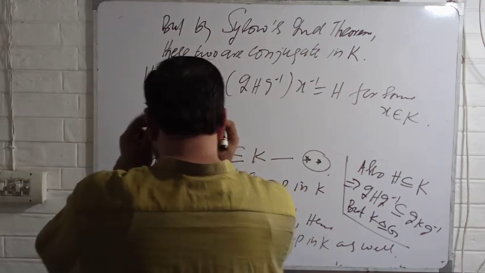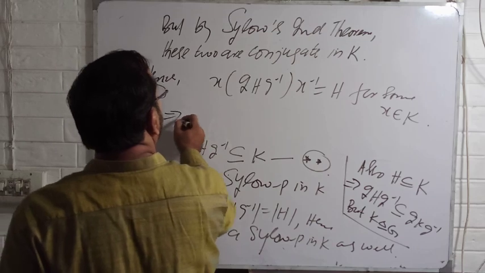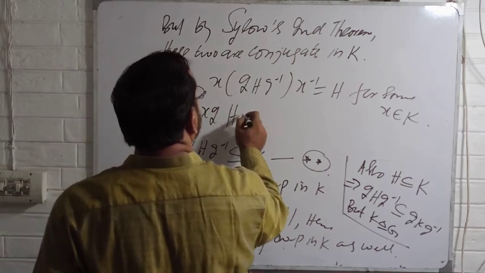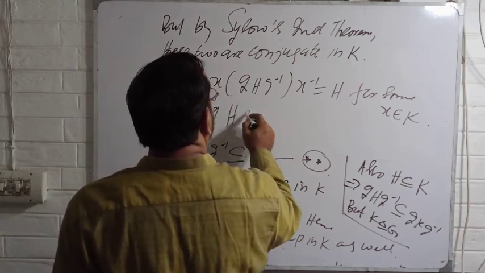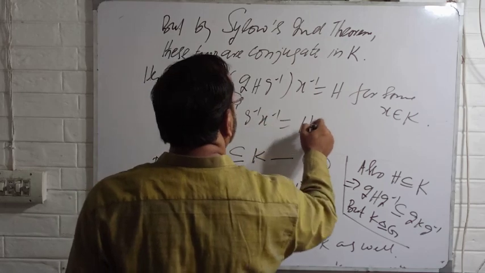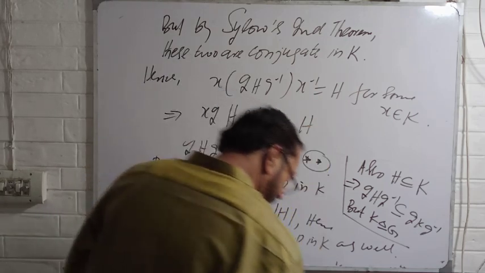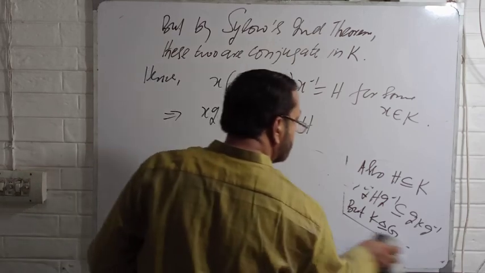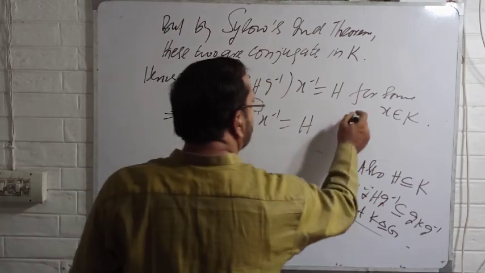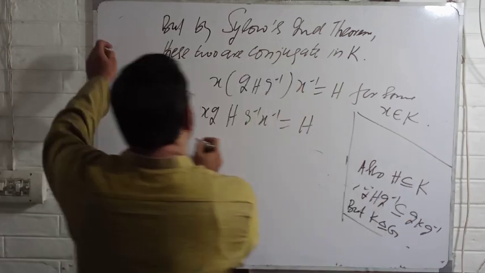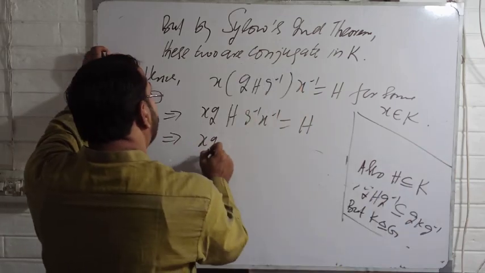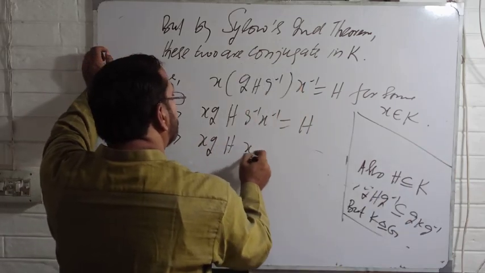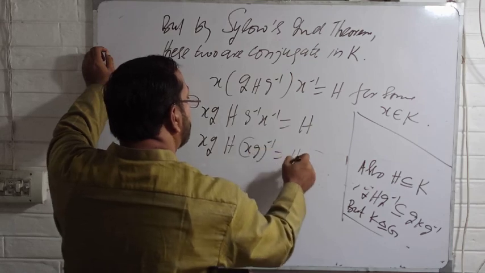So this implies xgHg inverse x inverse is equal to capital H. So this implies xgH(xg) inverse is equal to capital H.